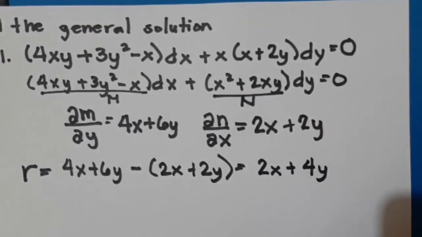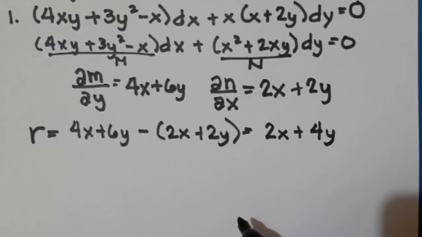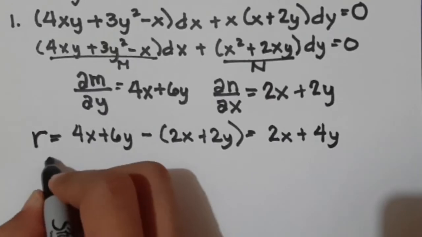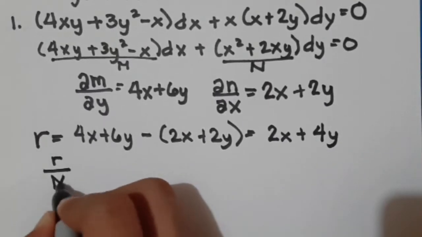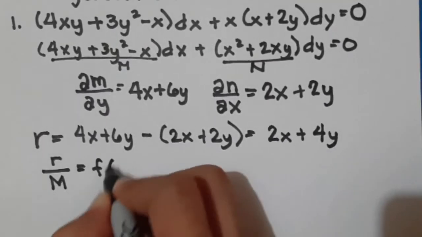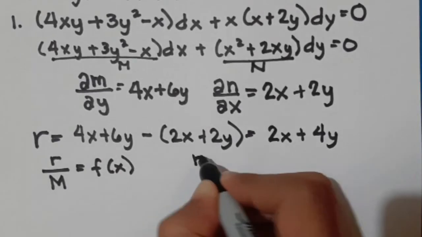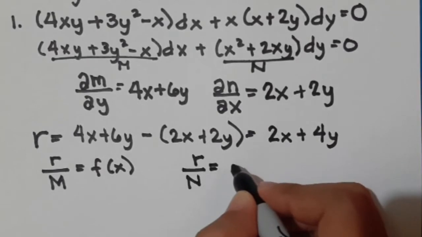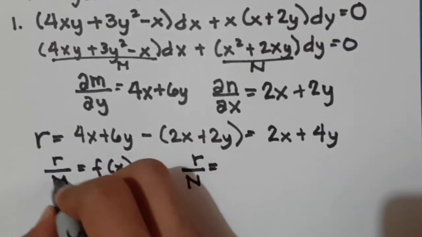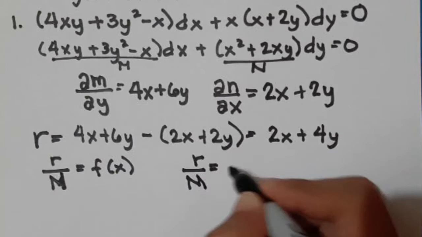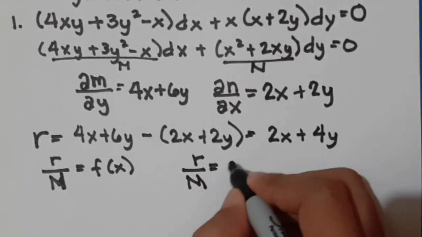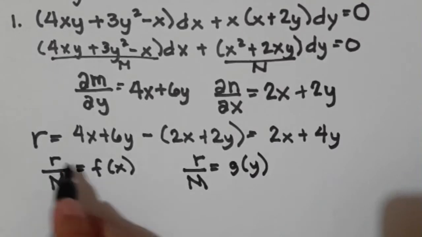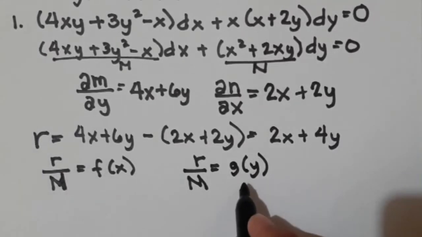Then in solving for a non-exact differential equation, we divide their difference by either M or N. So this is g of y, and this is f of x. Let us check where it becomes a function of x alone or a function of y alone.